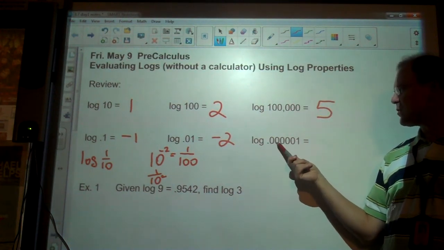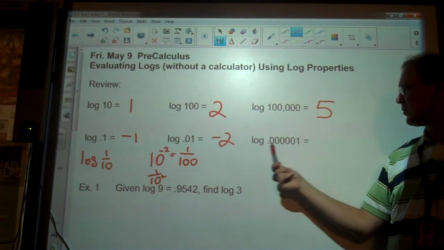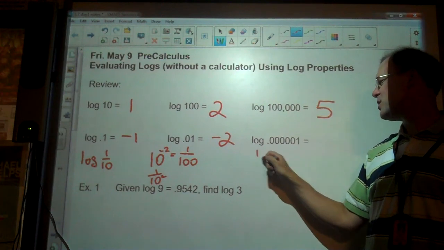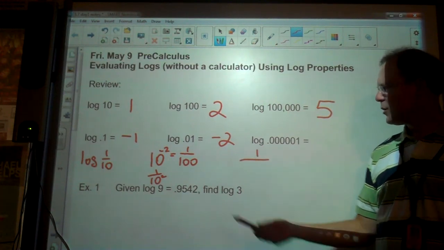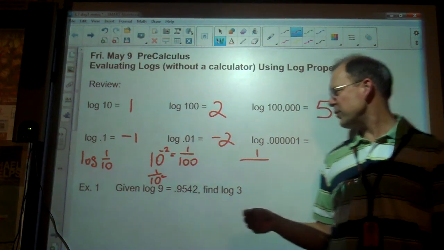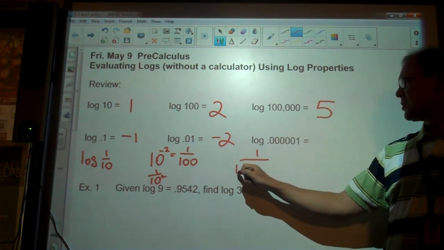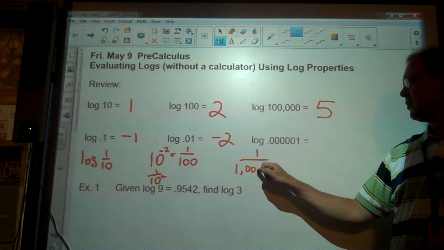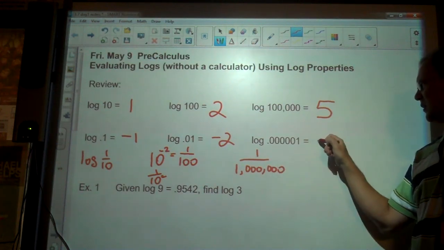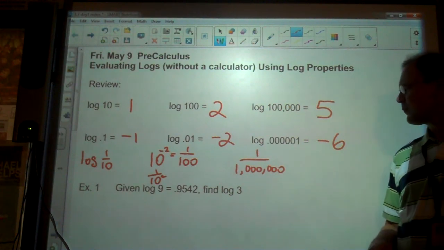So 0.000001, so there's 5 zeros and then a 1 there. So notice the zeros in the denominator, there's 1 more than there are in the numerator. So this would be 1 over 1,000,000. So that'd be negative 6.